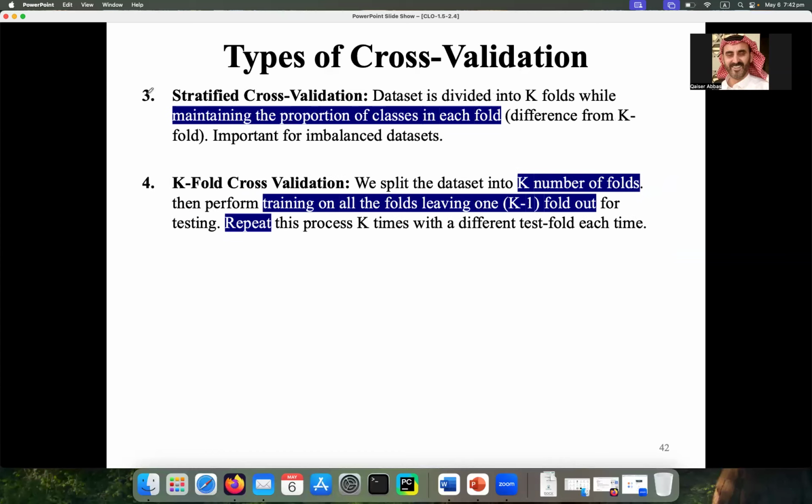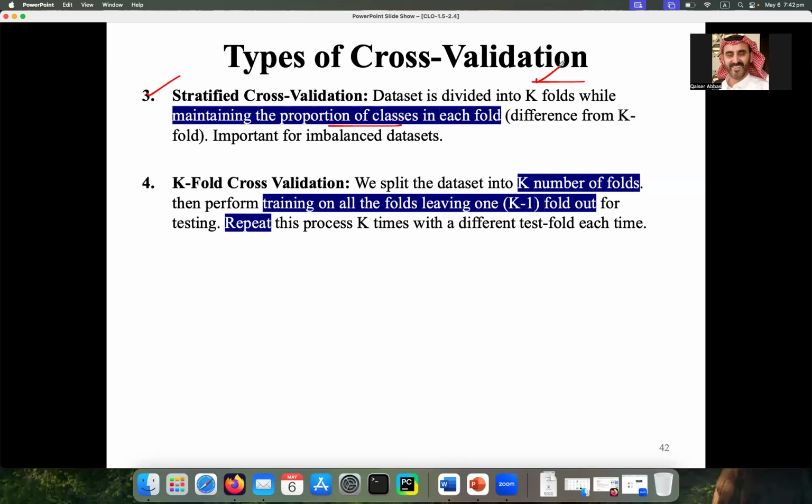And similarly, the third category is the stratified cross validation. In this category, you will again divide your data set into k folds, but you will take care of one thing. And what is that thing? You will keep the same proportion of each class in these k folds.